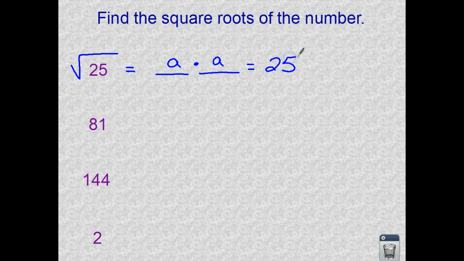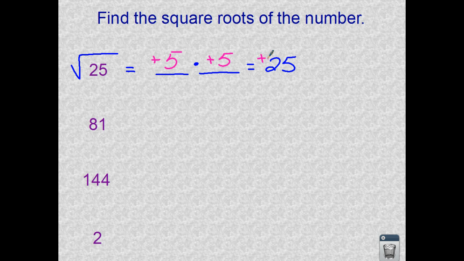So what can we replace in there as a root? Right, 5. I could replace this by a 5 times a 5, because positive 5 multiplied by positive 5 is equal to positive 25.